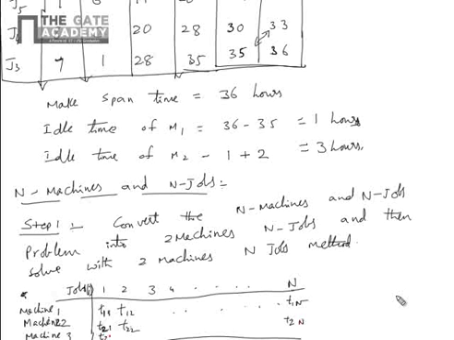Similarly, the processing time of job 1 on machine 3, T32, T3n. Suppose for example T31 equals the processing time of job 1 on machine 3.